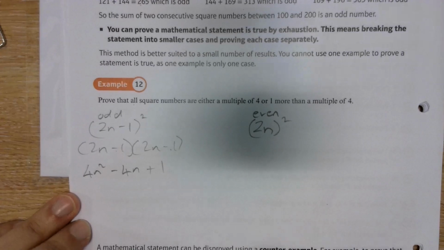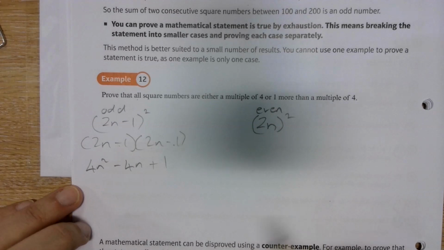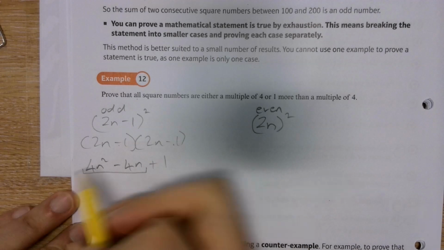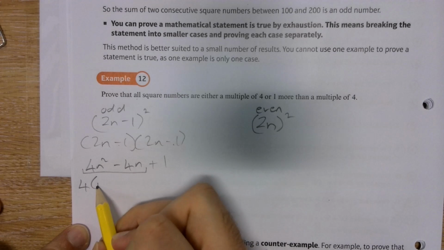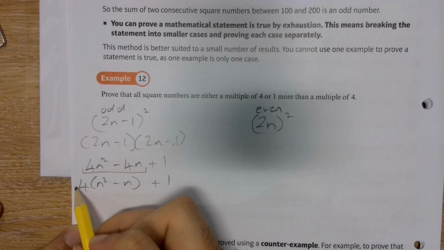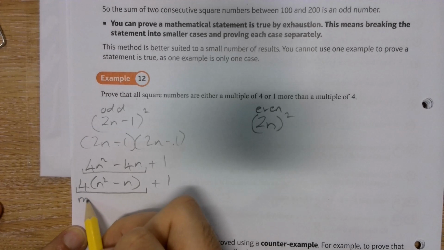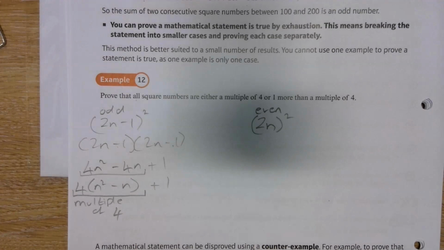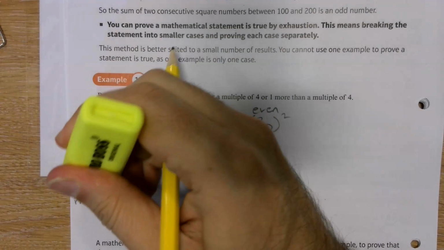Now, I can prove that that is one more than a multiple of 4, because if you look at these first two terms, I can take 4 out as a factor of that. So that part is a multiple of 4, because I can factorise out 4.